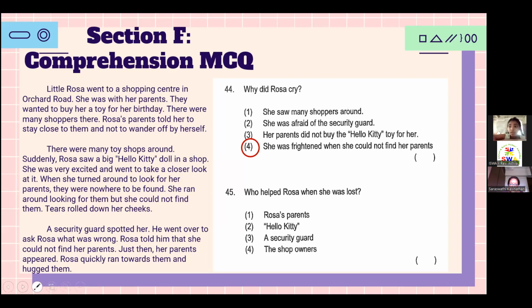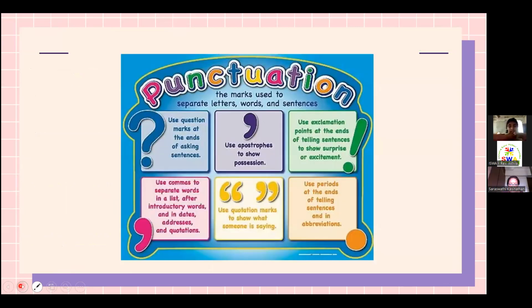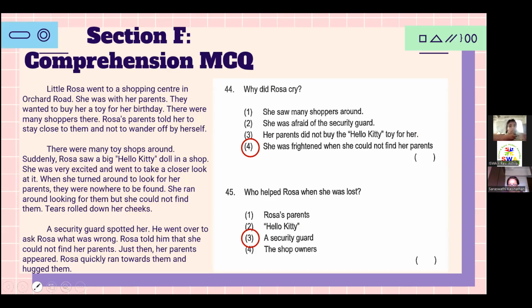Who helped? Very good. A security guard. Yeah, everybody can answer together. It's okay. I can hear you. Don't worry. Just answer together. Okay. All right. Okay. So those were the two questions for this comprehension.